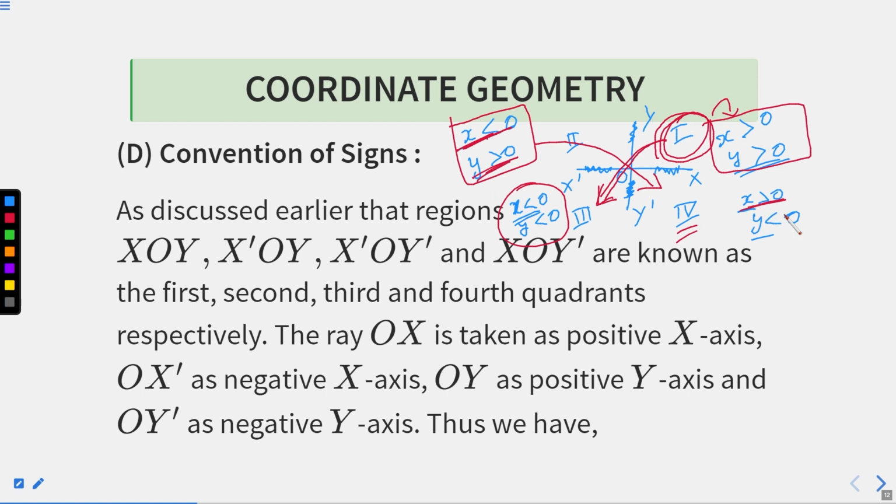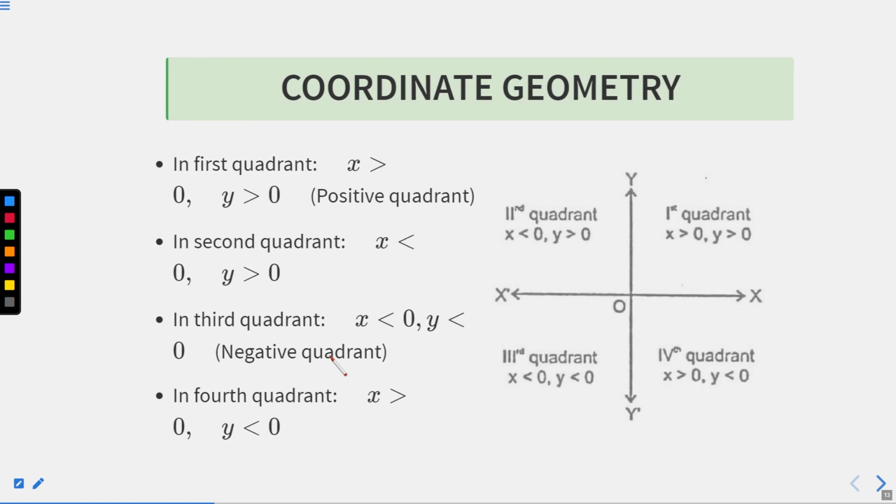The y is positive, here y is negative. So you only have to remember the first quadrant and the second quadrant. From this, you can easily make your conclusion for the third and fourth quadrants. You just have to oppose it. Okay, clear? Now let's move further.